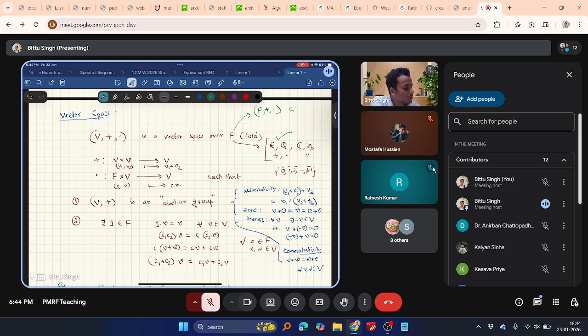Those corresponding to two elements will get one element, such that F comma plus is an abelian group, and if we remove the element 0, denoted by F star or F cross, then F star comma dot is also another abelian group.